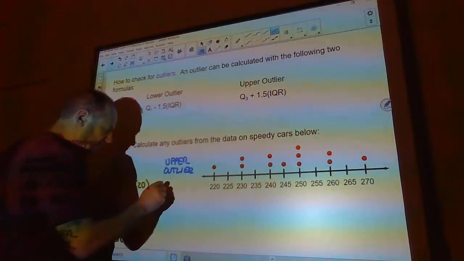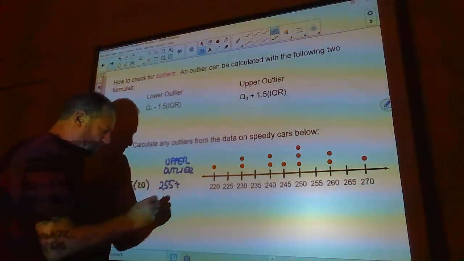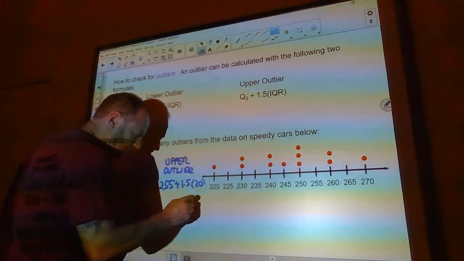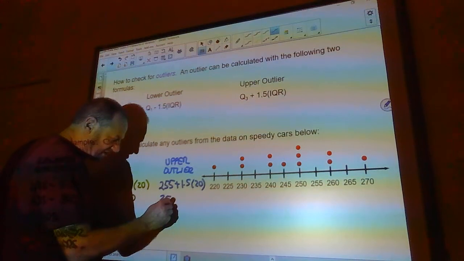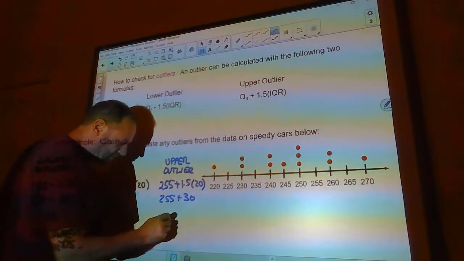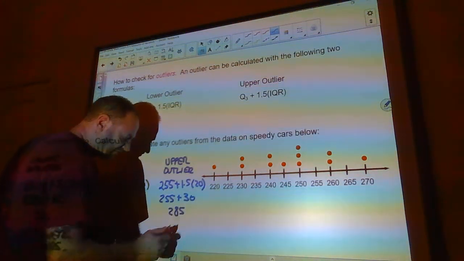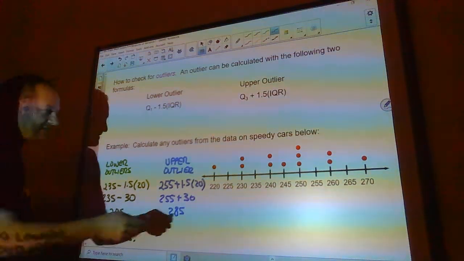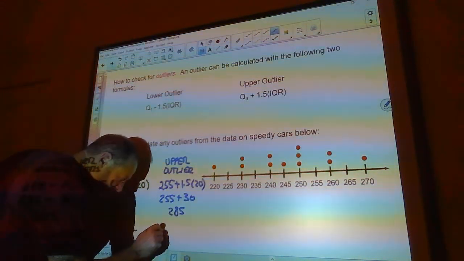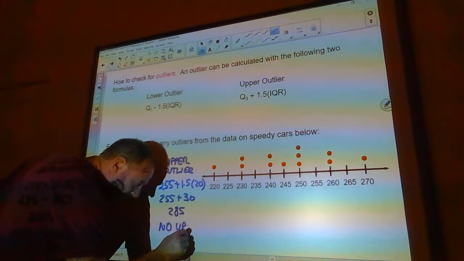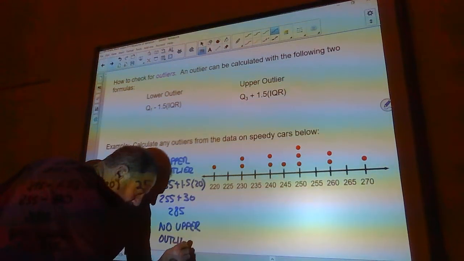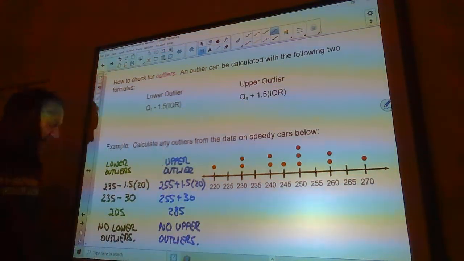So we're going to take 255 plus 1.5 times 20. But that's 30, so 255 plus 30 would be 285. So anything bigger than 285 would be an outlier. And since our biggest one is 270, there are no upper outliers either. So this one had no outliers at all.